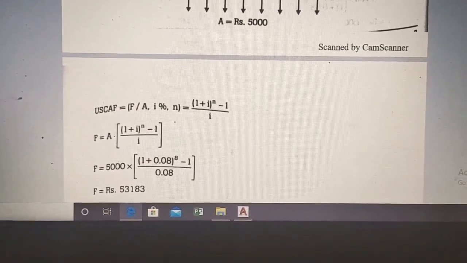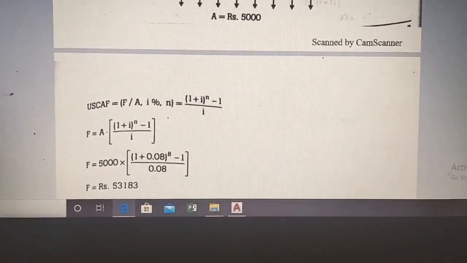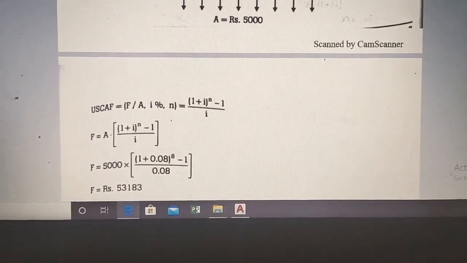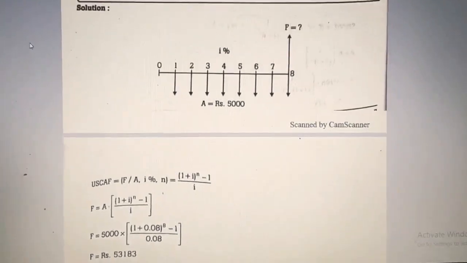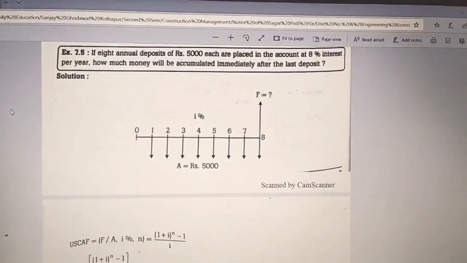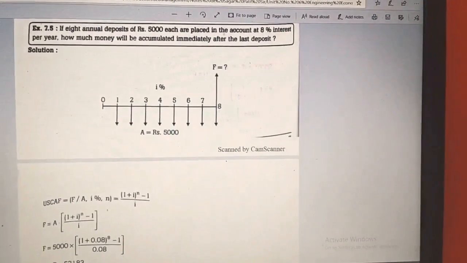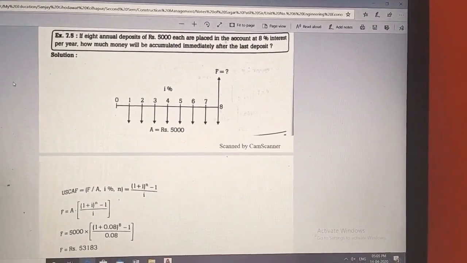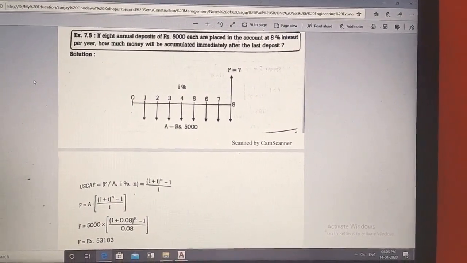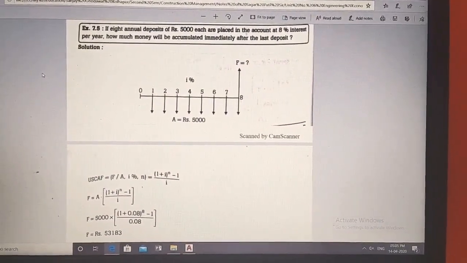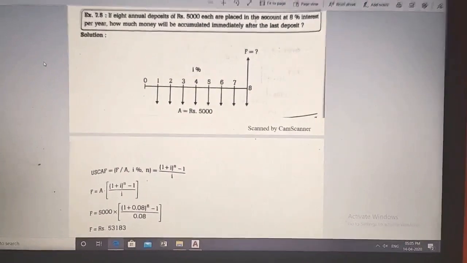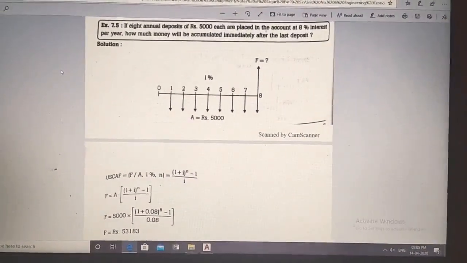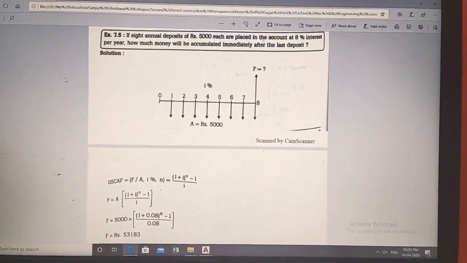So now after calculating this number, what is the practical meaning, again I repeat: with the investment of 5,000 rupees yearly, after 8 years with the rate of interest 8%, that person XYZ is going to get his income as 53,183 rupees.